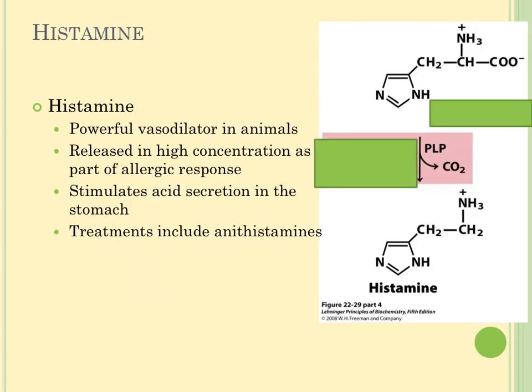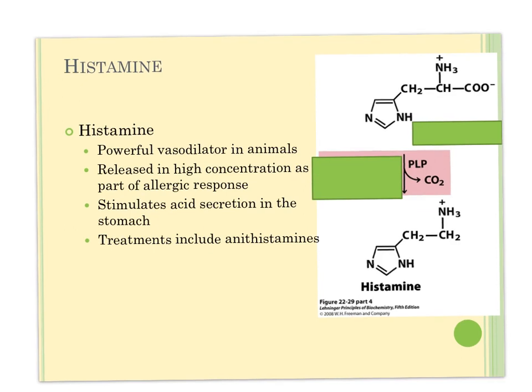Right, now we're going to histamine, the bane of my existence, and probably the bane of many of your existences. It is a vasodilator. Of course, that's one that a lot of people have an allergic response to, hay fever, all that kind of stuff. What is its precursor? It's histidine, of course. We're removing a carbon dioxide using PLP.